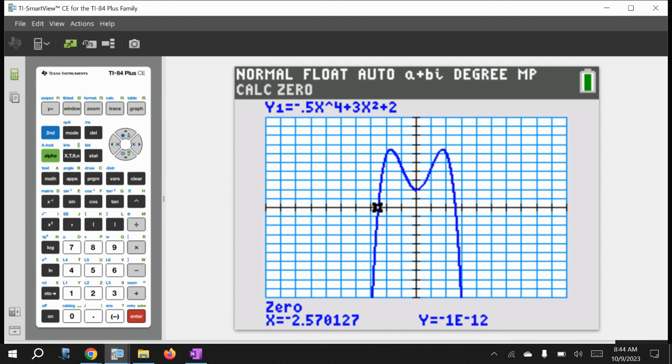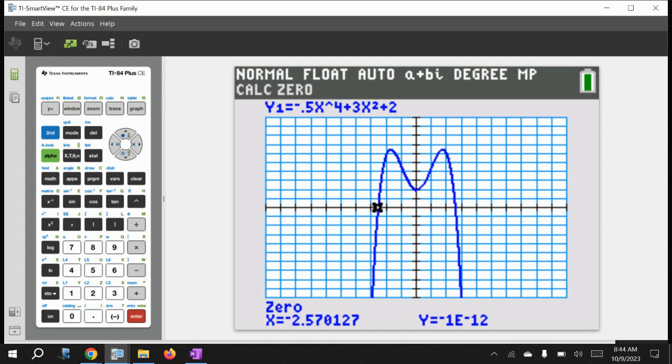And then over here it has negative 1 e to the negative 12. What is that? That is scientific notation. What is that as a number? So it said negative 1 e negative 12. That's the same thing as this.